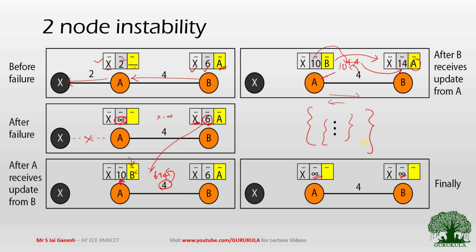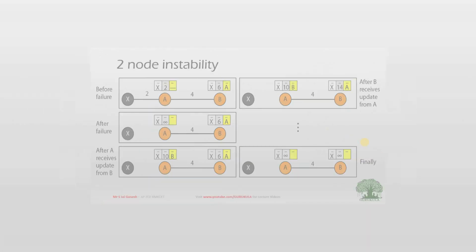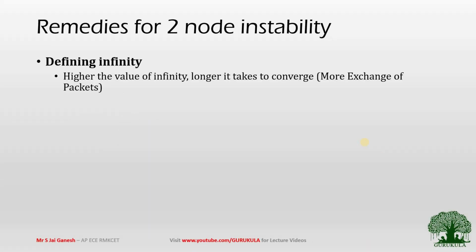And when there is a problem, obviously there will be a solution. There are three remedies that we can use for coming out of the two node instability problem. So the first one is defining the infinity. You can actually define the value of infinity. The higher the value of infinity, the larger the time to converge.